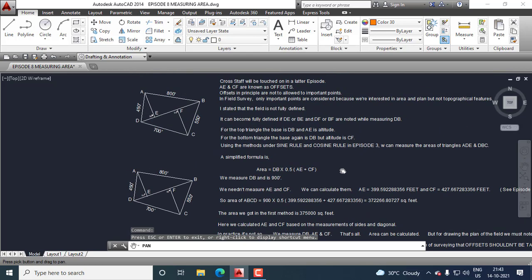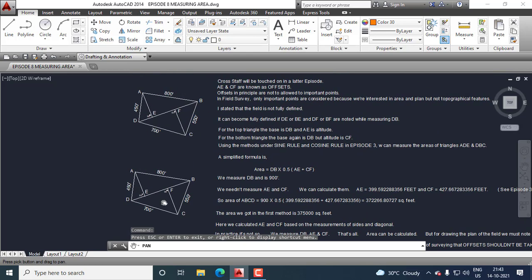By measuring these two offsets, not by calculating these two offsets, we measure them, and if we measure these offsets, we don't need the measurements of these sides. We don't need 700, we don't need 450, we don't need 800, we don't need 550. Only we need the measurement of DB and this offset and this offset. Then we can calculate using this formula.